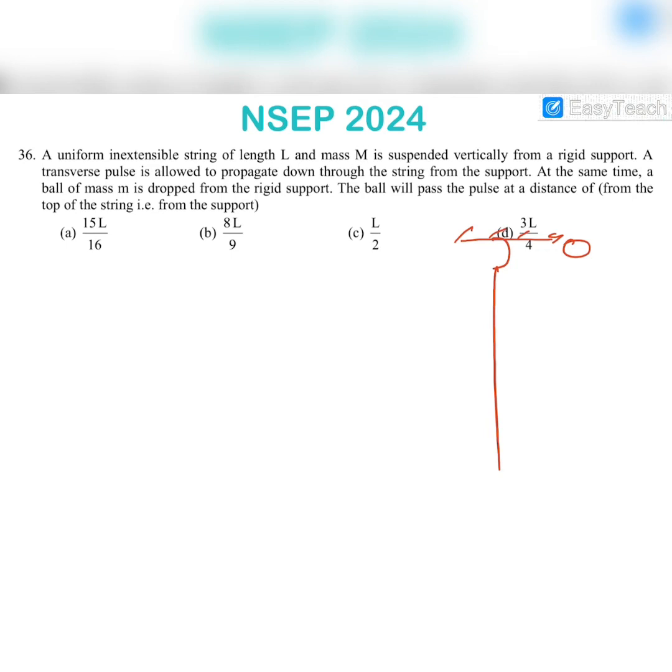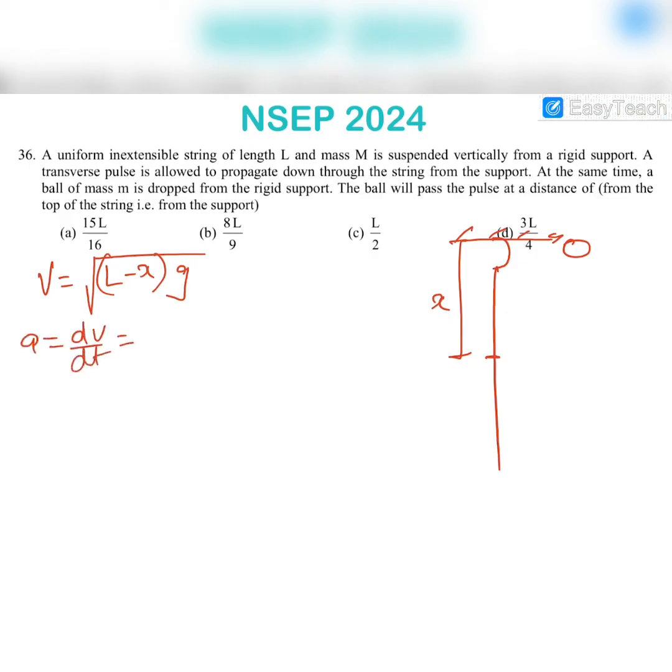So we know first of all that at a distance of x from the top, the speed of the pulse v will be under root of L minus x into g. This result is already derived in the waves chapter. So this is the velocity of the pulse, and the acceleration of the pulse is dv by dt.